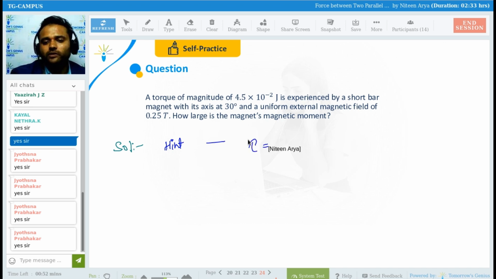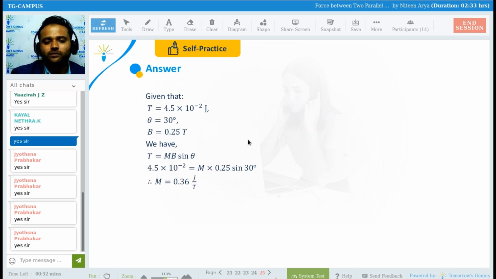As we know, torque tau equals m cross b, and you can say m b sine theta. Everything is given: torque is given, theta is given, magnetic field is given. You just need to tell the magnetic moment. Is this clear, everyone?